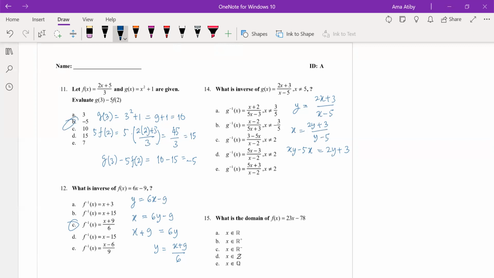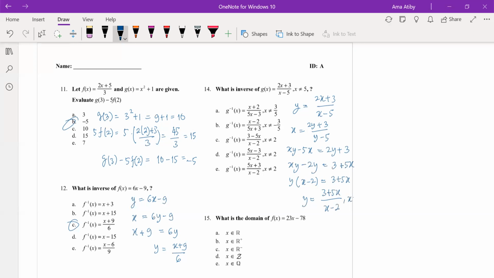Therefore we are collecting y in this side, and then the other side is without y. And then you are isolating y, so you will get y times x minus 2 equals to 3 plus 5x, and therefore you get y is equals to 3 plus 5x over x minus 2.